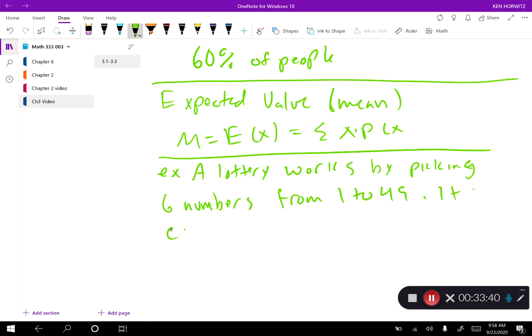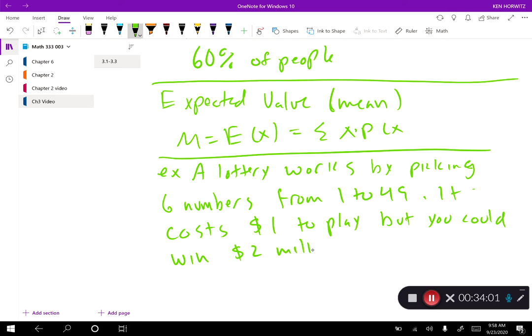It costs $1 to play, but you could win $2 million.